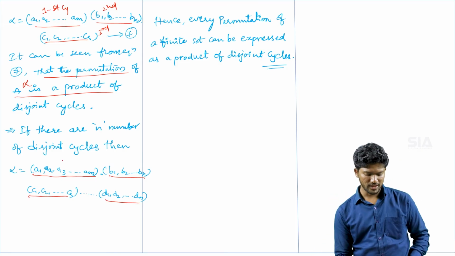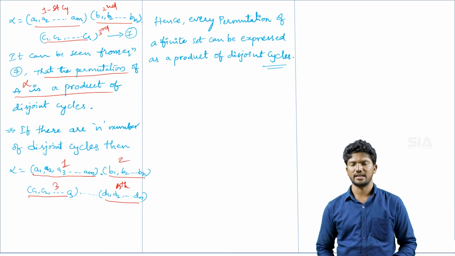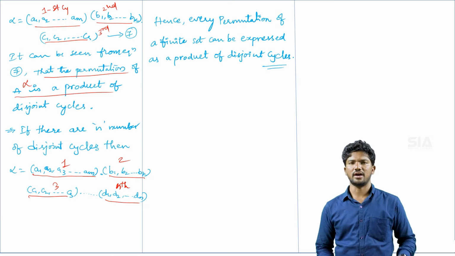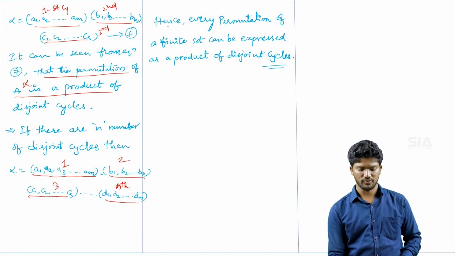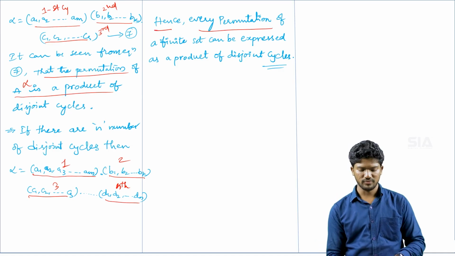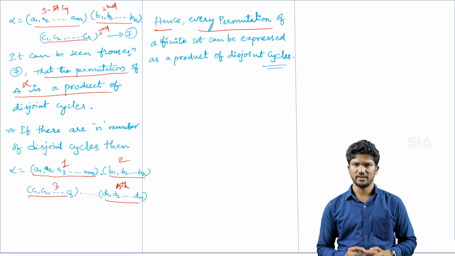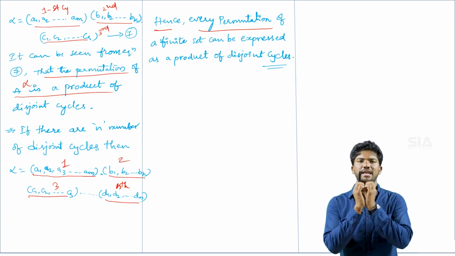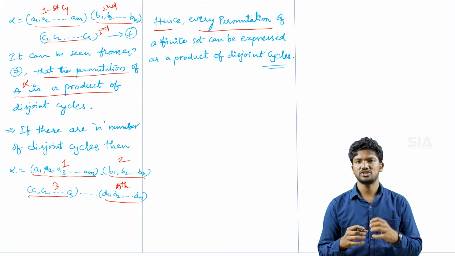These are the first cycle, second cycle, third cycle, and this one is the nth cycle. So this is the permutation alpha, expressed as small n number of disjoint cycles. Hence every permutation of a finite set can be expressed as a product of disjoint cycles in this format. If you take any permutation, we can express it in terms of disjoint cycles.